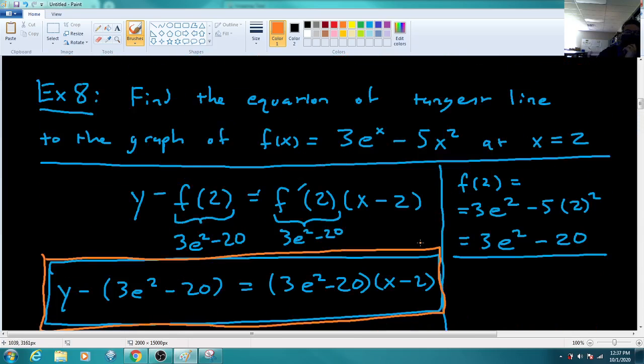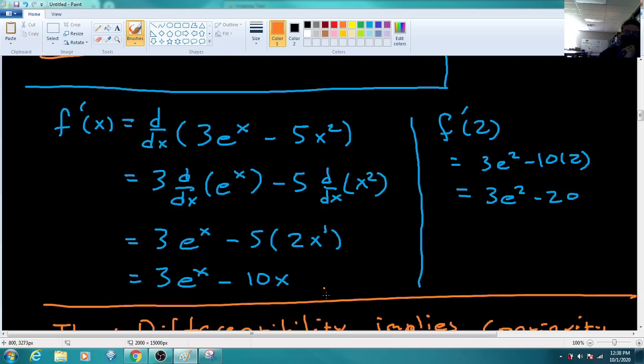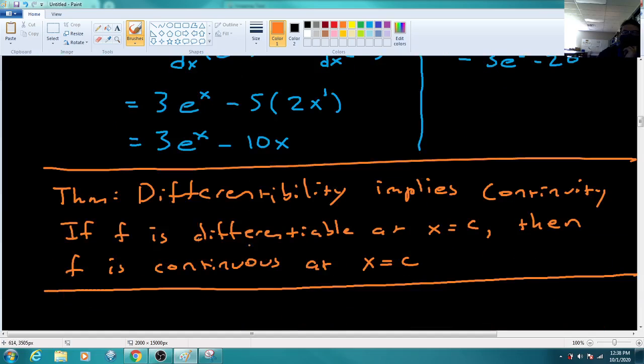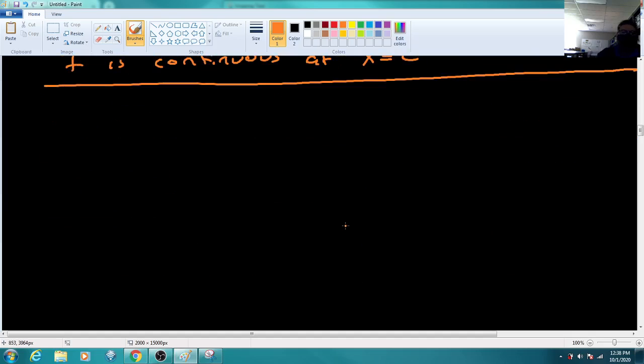So for example, on this f of x here, we were able to calculate the derivative f prime of x and evaluate it at 2. Since we were able to take its derivative at 2, that implies that the function is continuous at 2. We're going to wrap up looking at one last example.